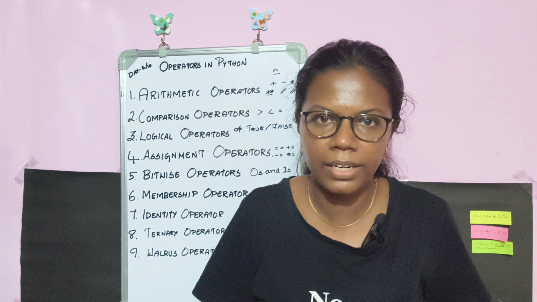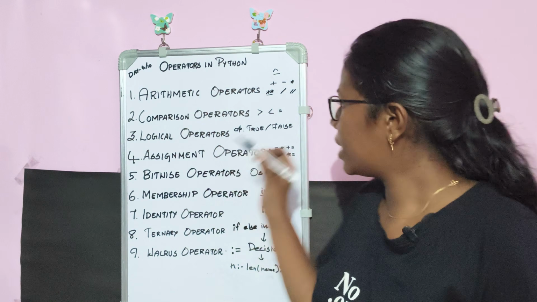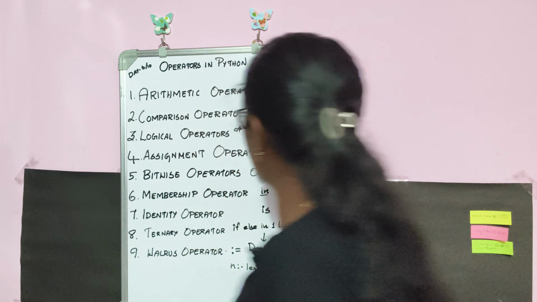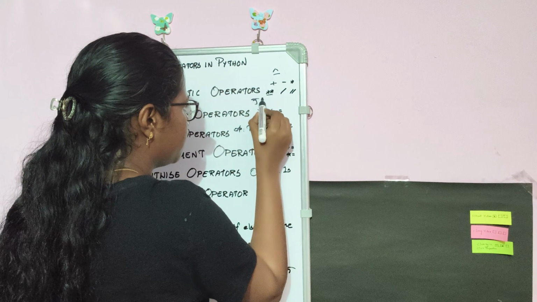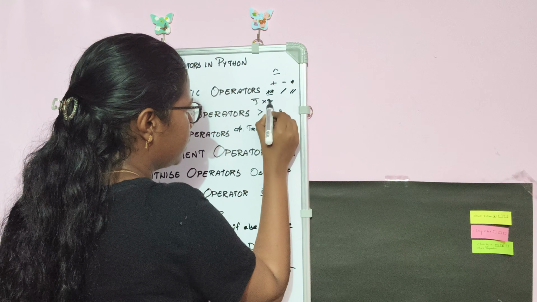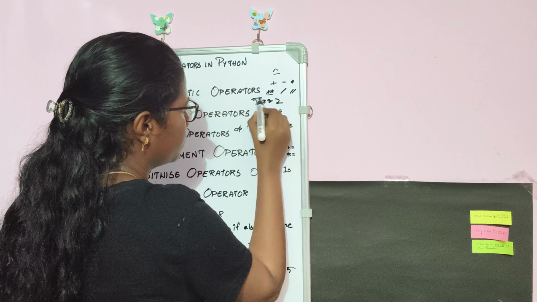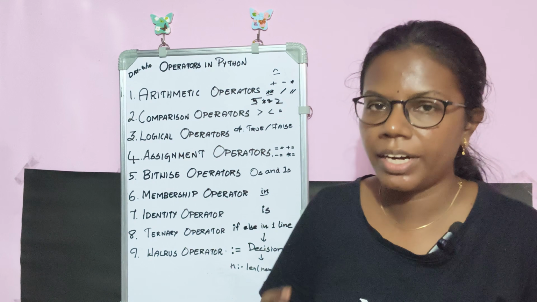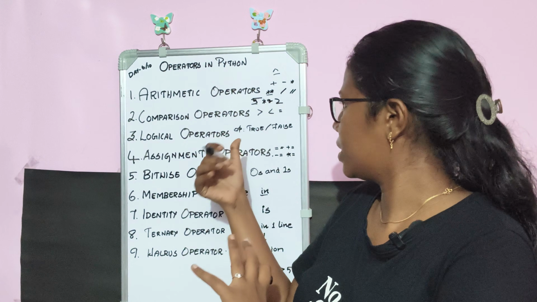For example, if I want to find the square value of 5, I should give it this way: 5, two stars like this, then 2. So the output would be 25. So for finding a square value, you should be using this operator.